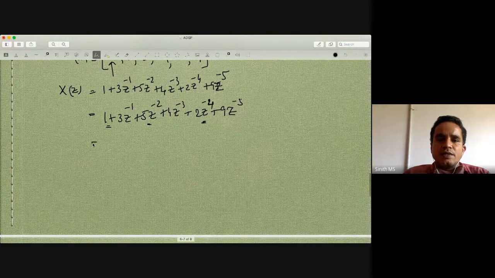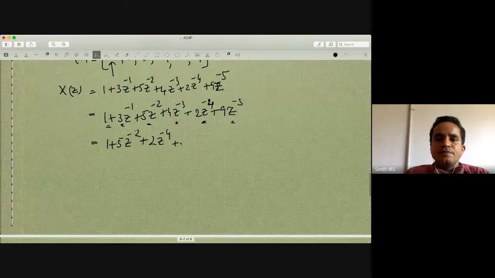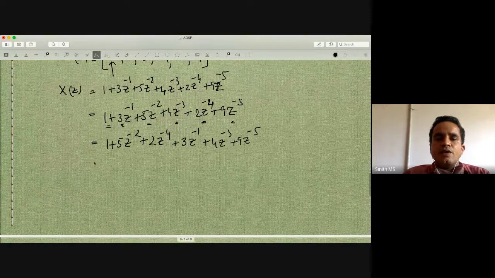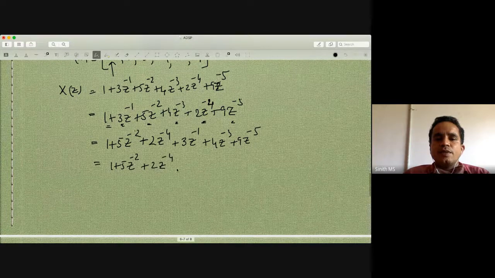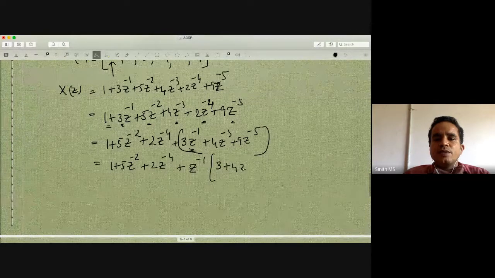So you can write this as 1 plus 5z raised to minus 2 plus 2z raised to minus 4 plus the remaining terms: 3z raised to minus 1 plus 4z raised to minus 3 plus 9z raised to minus 5. If I take z inverse from these terms, it becomes z inverse into 3 plus 4z raised to minus 2 plus 9z raised to minus 4.